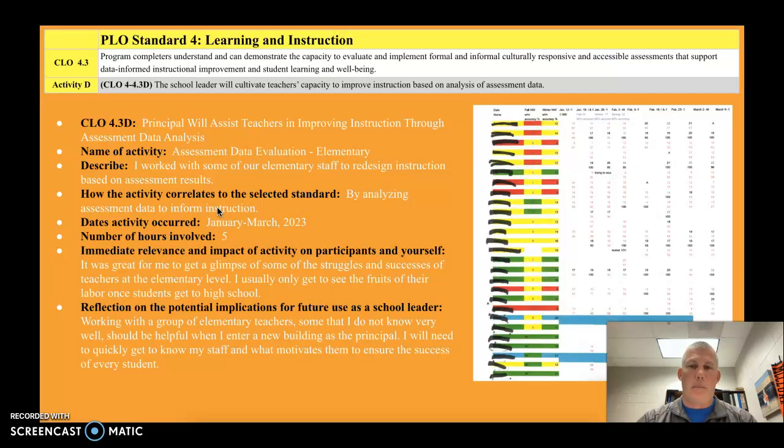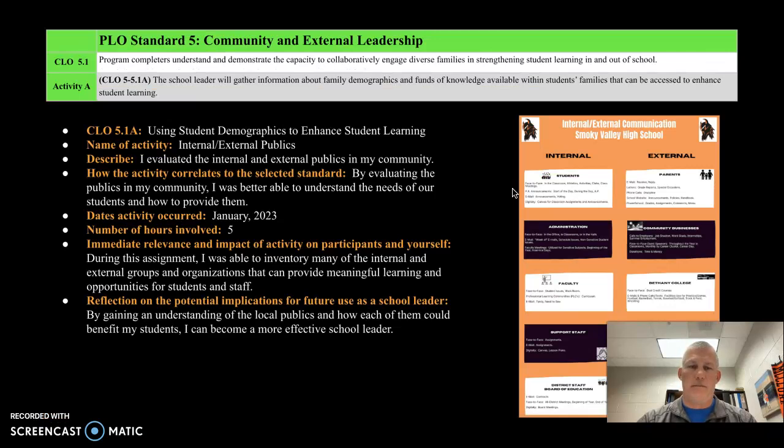But so you can see here, this is information on assessments that we had at the elementary school, and I was working with the teachers during an in-service so that I could have this artifact for the elementary. But difficult for me to do that because I have so little experience at that elementary level.